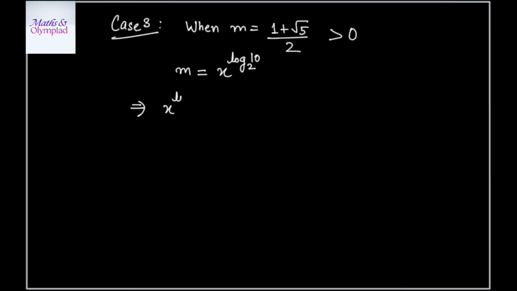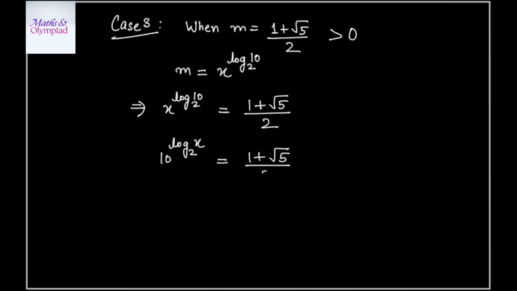So I can write x raised to the power log 10 to base 2 equal to 1 plus root 5 over 2. Again I will use the common logarithm property. So this will become 10 raised to the power log x to base 2 equal to 1 plus root 5 over 2. Now I am taking logarithm both sides.